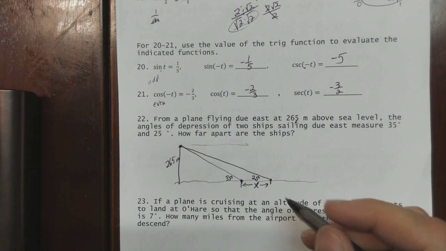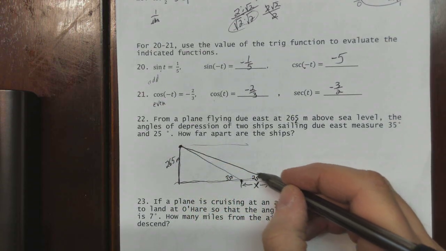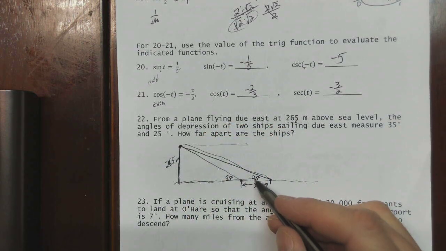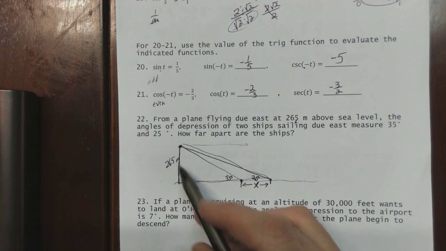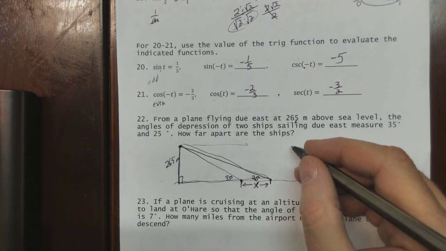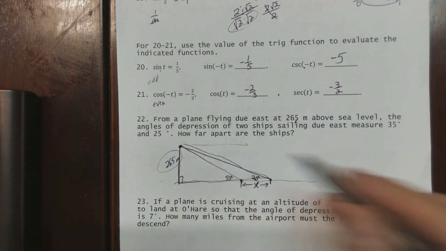So, I am going to set up a ratio here for the 25-degree angle in this right triangle. And that is opposite, which is 265.